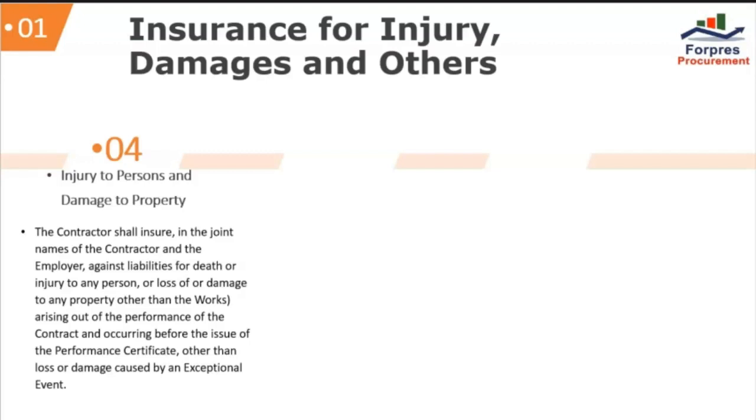Such insurance shall remain valid from the time the contractor begins any work on site and until the issue of the performance certificate, and shall be as per the amount stated in the contract data.